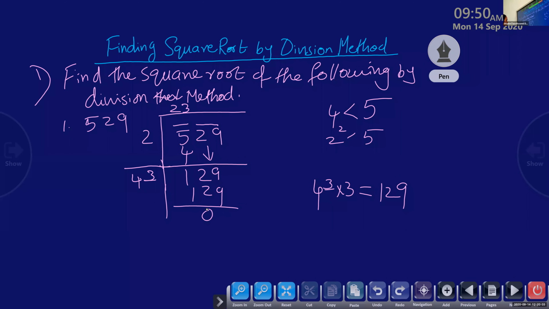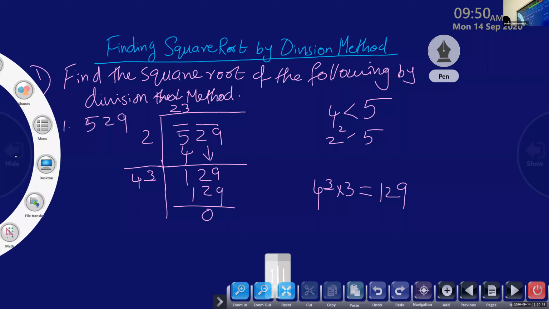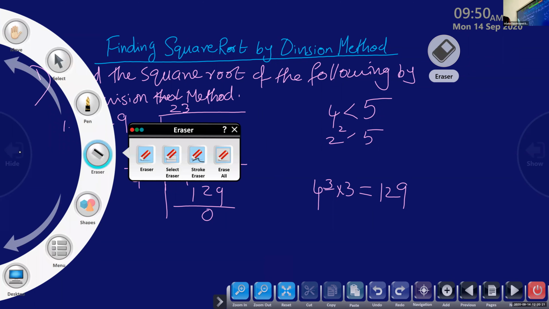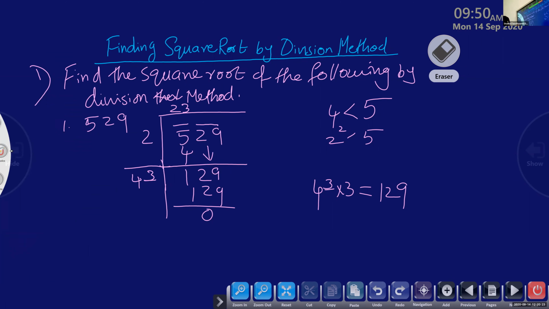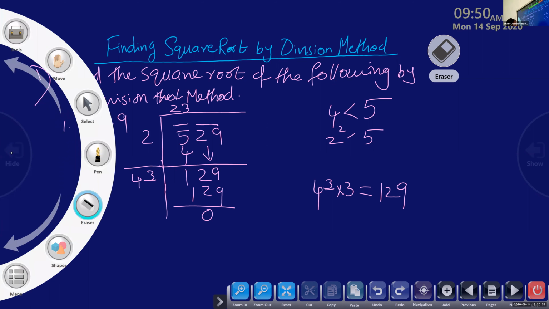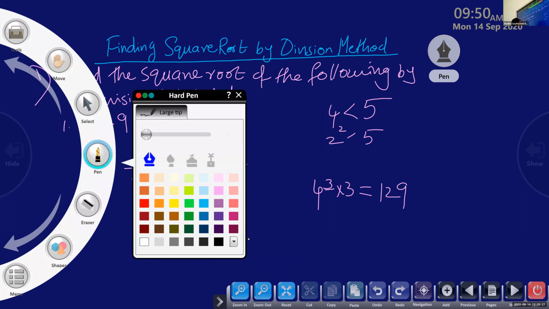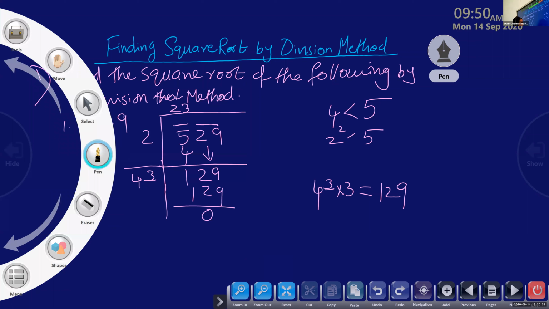When the remainder is 0, this quotient 23 will be our required square root. The square root of 529 is 23.